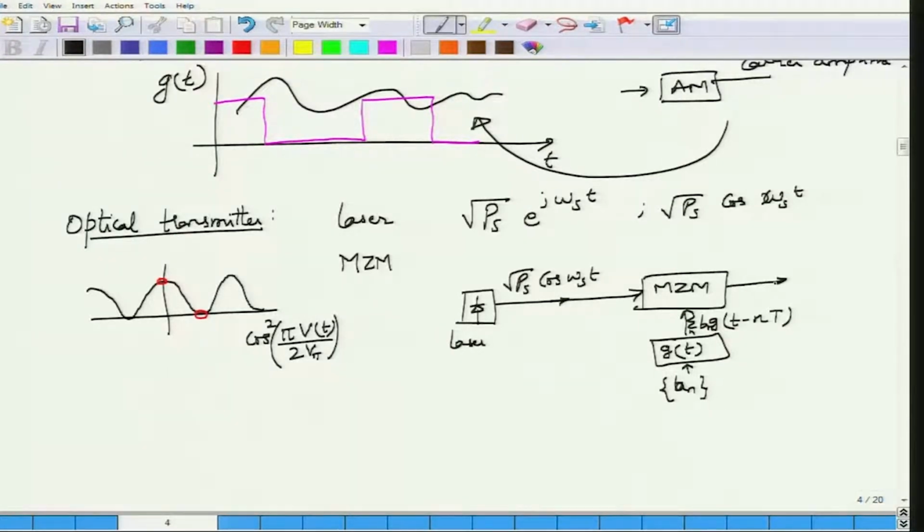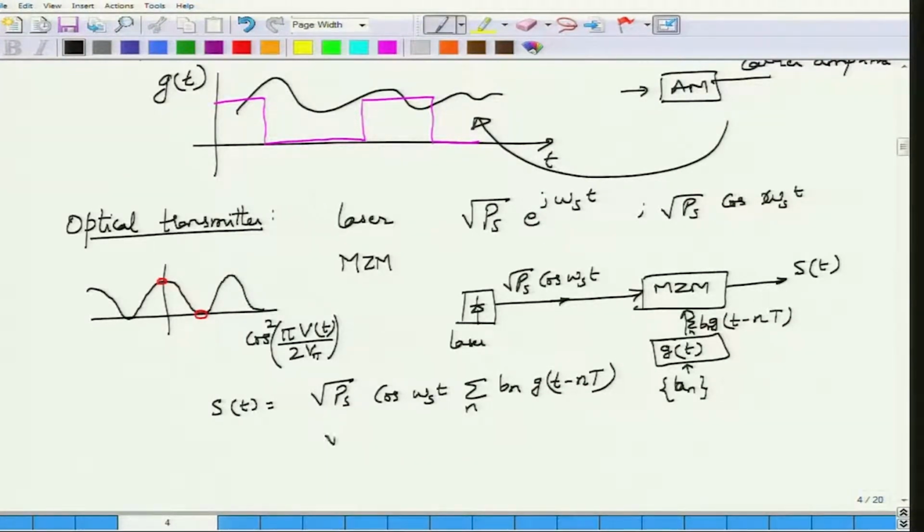What you get as the output is the transmit signal S of t, which can be written as square root Ps cos omega st multiplied by this sequence, Bn g of t minus nT.